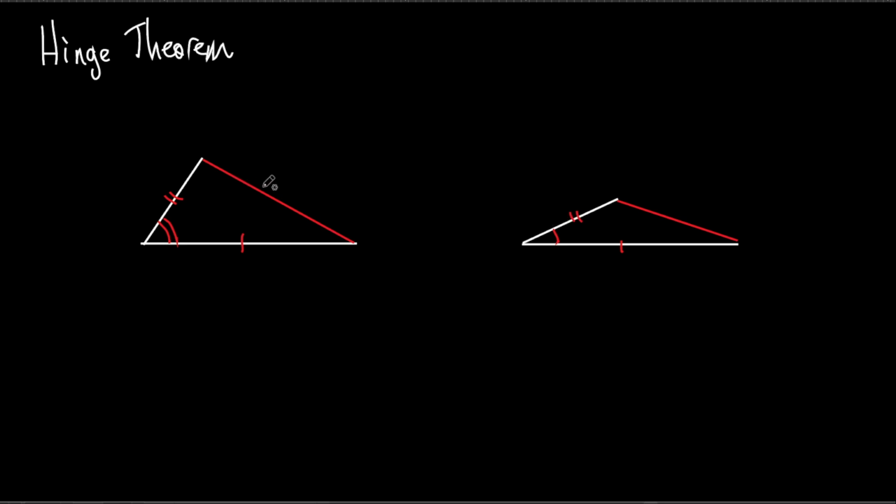Yeah. All right, so let's put like a big 3 right there and then a little tiny 3 right there. It's not really the best way to do it, but you get the idea, right? So the side with the bigger tick marks is bigger than the side with the smaller tick marks. They're not equal to each other just because they have 3. I just did that. Does that make sense on the Hinge theorem?